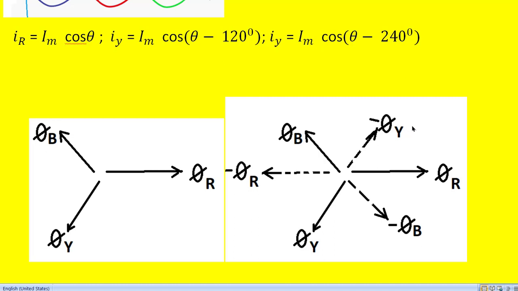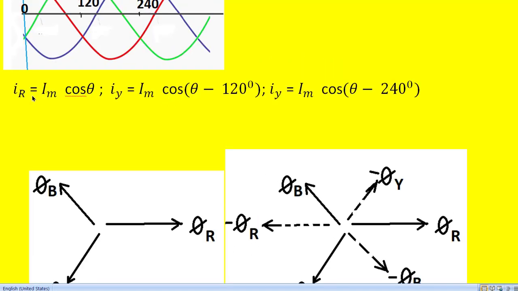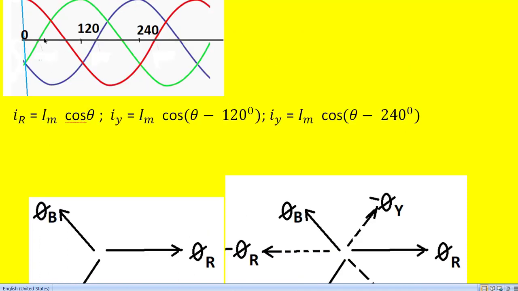So having known all this, we start calculating what IR and IY are at different angles: 0, 60 degrees, 120 degrees, 240 degrees, like this. For my convenience, I will calculate the values of IR, IY and IB.